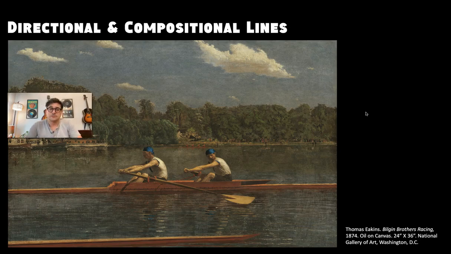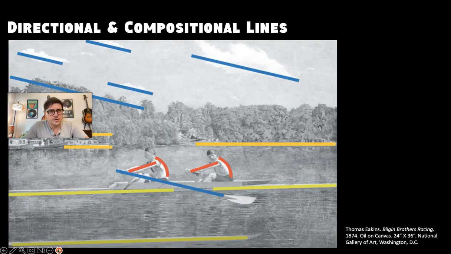Here are also some implied lines. These are directional lines or compositional lines, sometimes they'll be called. Directional lines help us see what direction the motion is going, right? Even though these two people are facing the opposite direction, the directional force is going the opposite way, because they're rowing.